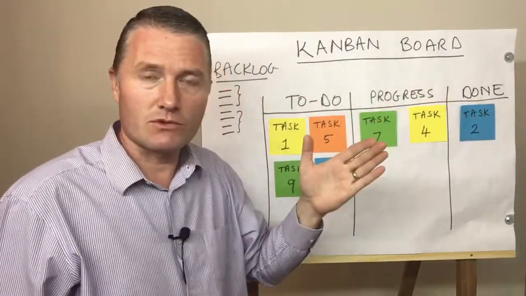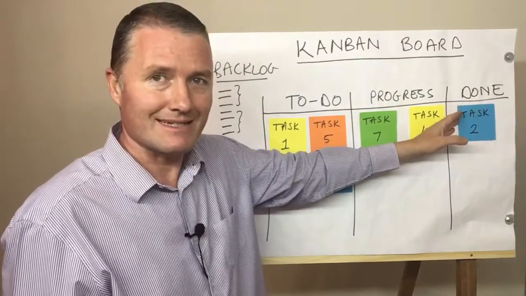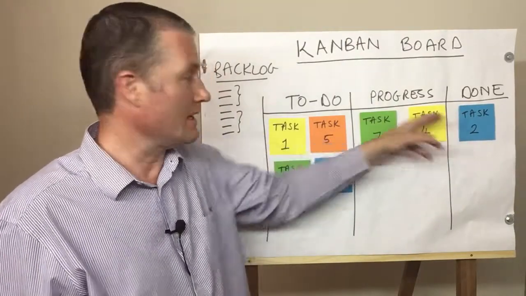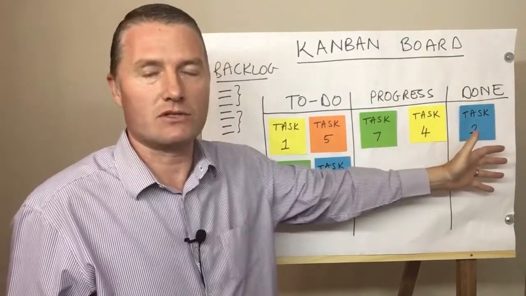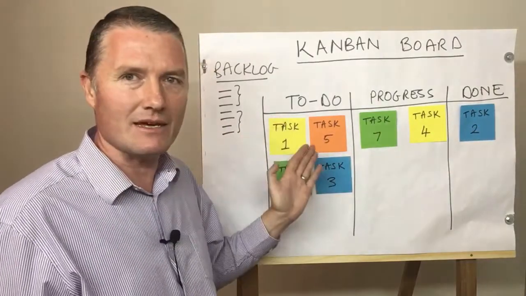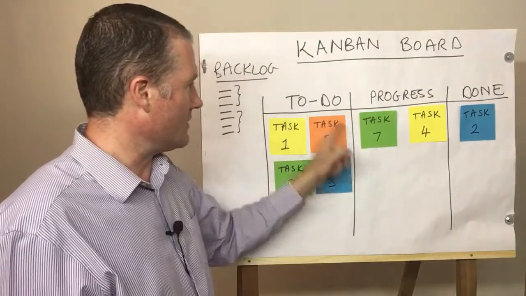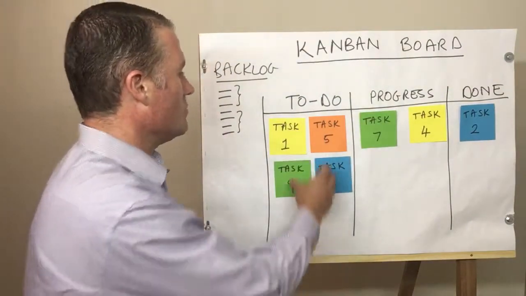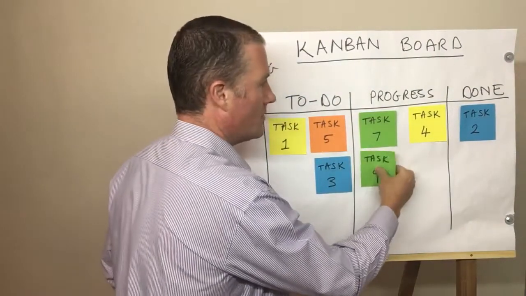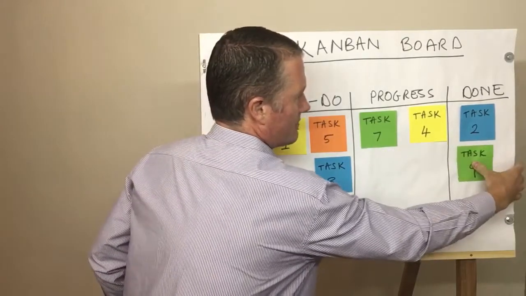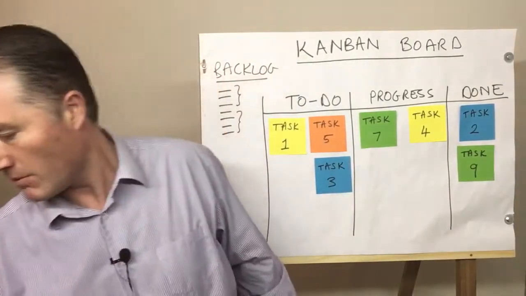And you should have some sort of celebration when tasks get done. Because what does that achieve? It creates momentum for these other tasks. And visually, when people see work flowing from left to right, they are encouraged that these tasks over here can move into the progress column, through the progress column, and ultimately into the done column over here.